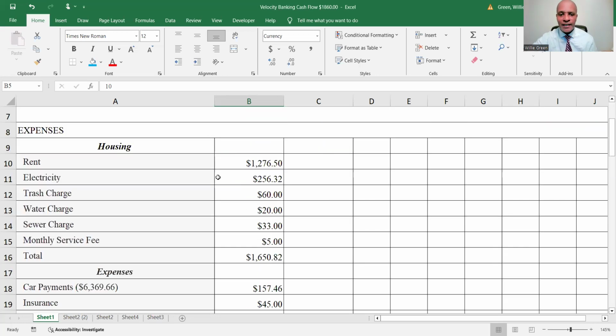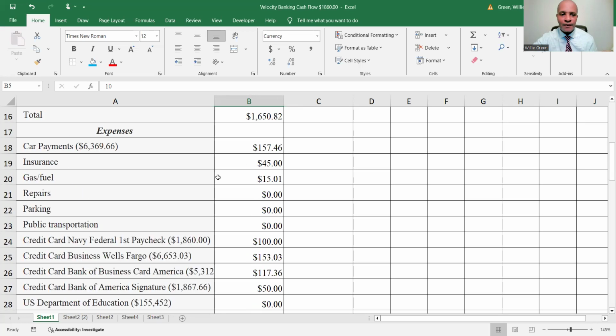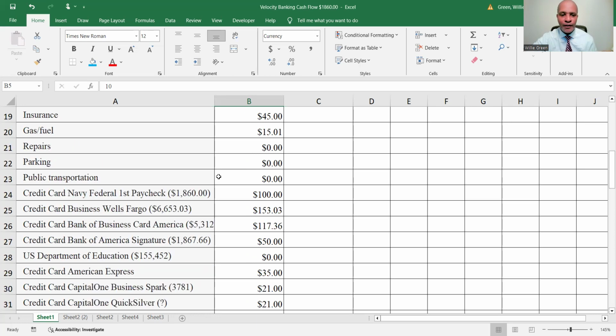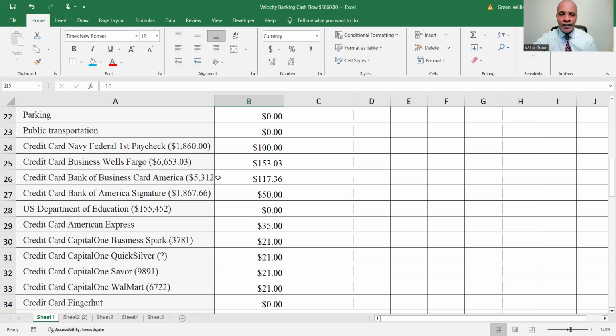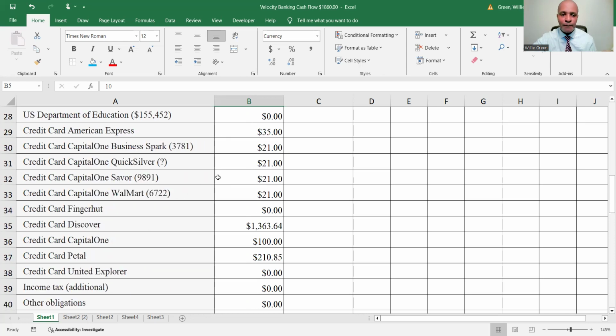We have a housing section, and we have another section for just general expenses: car, insurance, gas, fuel, parking, all of my credit cards that I'm responsible for, business and personal. Some of the cards have a balance of maybe $2,000, but they're asking for as low as $21 to pay back.